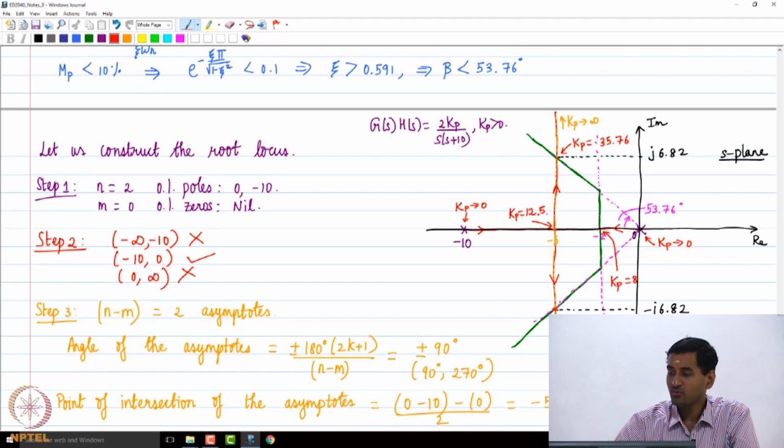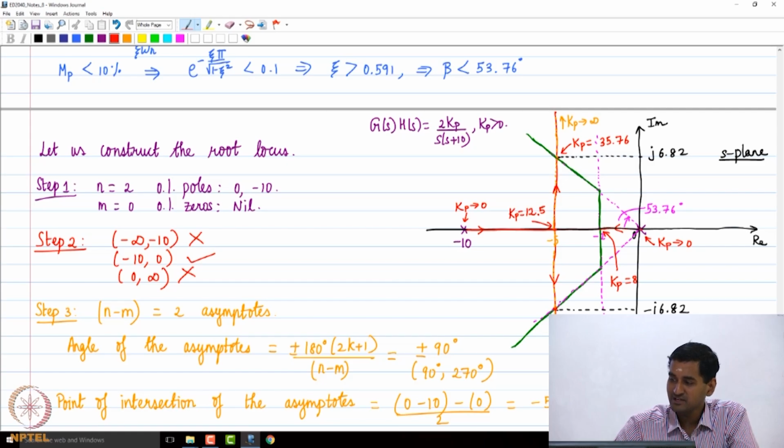Yeah, because why is 12.5 the transition point? Because please note that the two branches of the root locus start from minus 10 and 0. When Kp increases from 0, you can immediately see what's happening. One branch is going to come on this real axis in this manner.